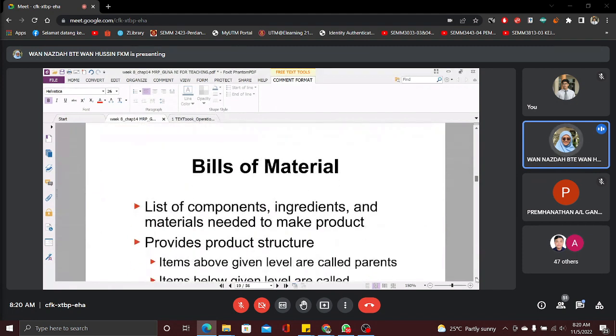The bill of material gives you the list of components for the product. For example, you want to have the amplifier product. Your company is producing the amplifier, say, and you know how many quantity.